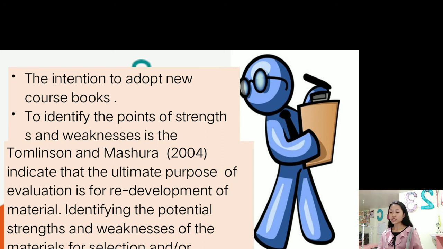That will help us produce better materials. And with that knowledge, we will be able to choose which materials are suitable for language programs and provide for the needs of the students and the needs of teaching.